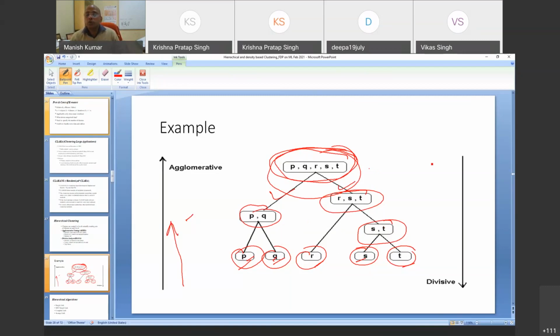So when you come from top to down, assuming that the entire data set is one cluster and then partitioning it into subclusters, you converge to each of the points forming an individual cluster. This process is known as divisive, this is DIANA. So there are two ways of doing clustering in hierarchical, that is agglomerative and divisive. Okay.